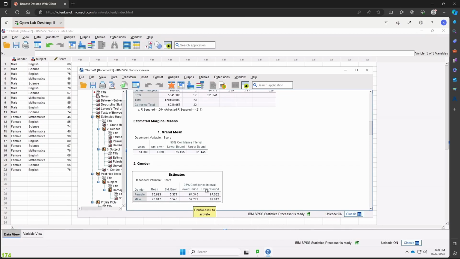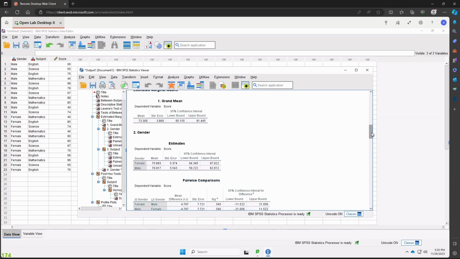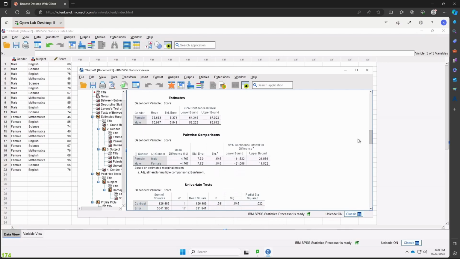Again, what stands out here is the means for each subject group. Moving on, we have the pairwise comparison. So we know that there is a statistically significant difference between the levels of subject on the dependent variable at the subject level.